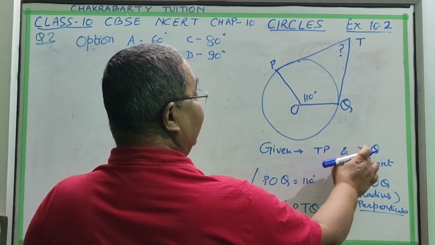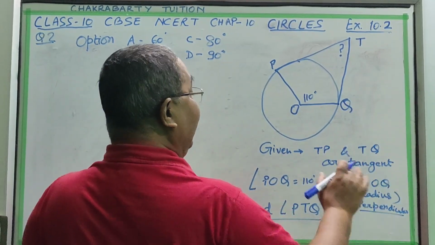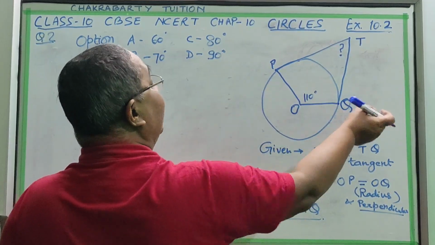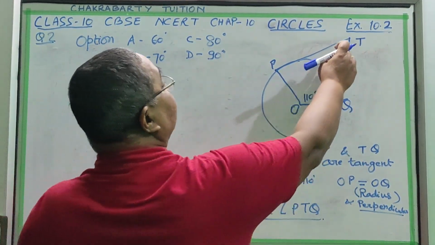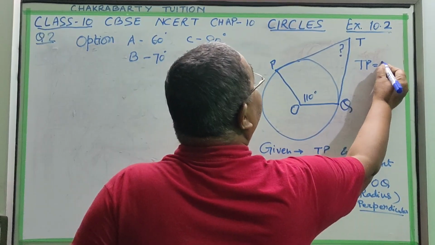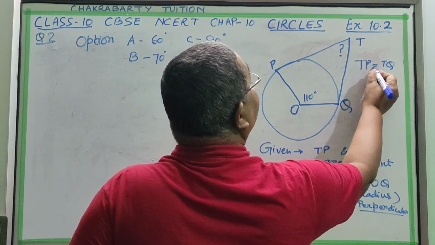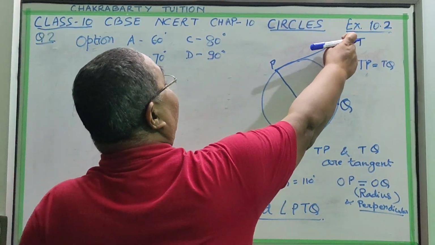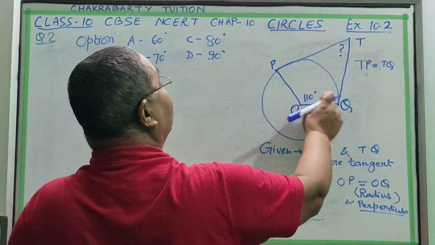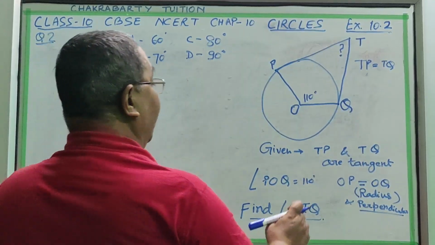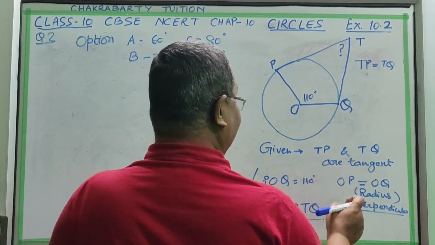These TP and TQ will always be equal. Here in the question it is not required, but I told you so that in future when solving questions we can use it. So here always TP will be equal to TQ. Why equal? Because from a point outside the circle, if tangents are drawn from the same point, these tangents will always be equal.